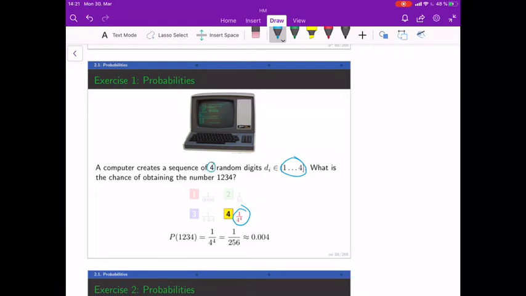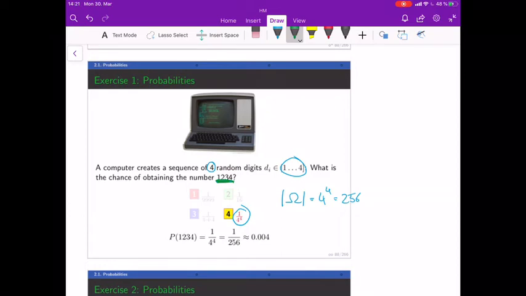So our sample space is 4 to the 4, or 256. We want a certain outcome, exactly 1, 2, 3, 4. So I'll make that green.